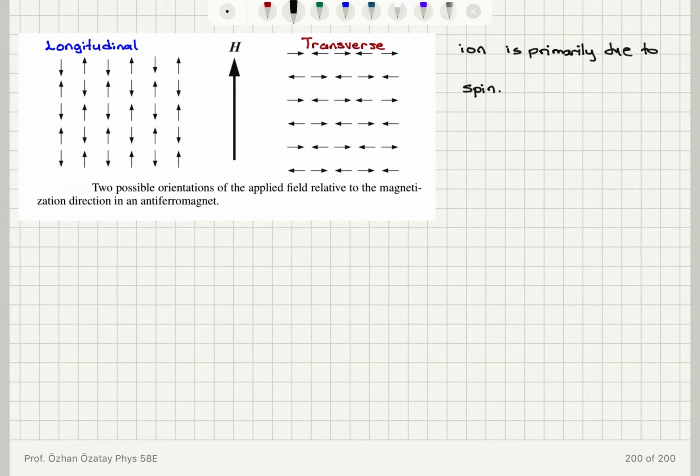Now, we have two scenarios in the case of susceptibility in antiferromagnets. First of all, we can have the magnetic field parallel to the sublattice magnetizations M sub A or M sub B. In that case, we talk about longitudinal susceptibility.